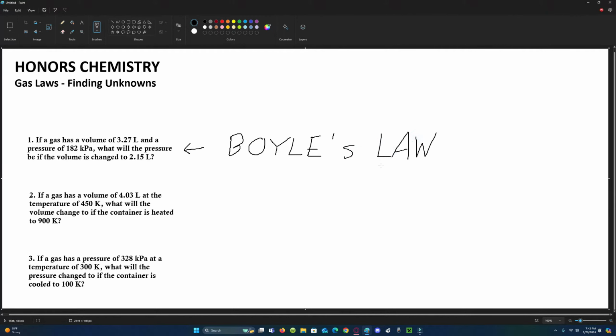Boyle's law is a law of gas that involves an equation which is P1 times V1 is equal to P2 times V2. P stands for pressure and V stands for volume.